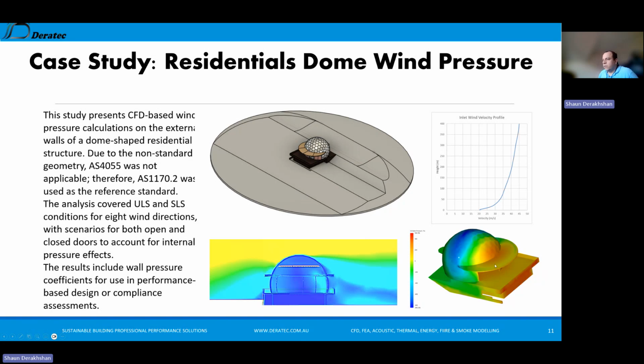So this is important, and CFD helped a lot. We gave the structural engineer a lot of data, and they used their own Python or whatever to convert this pressure to force for the timber structure they are using here.